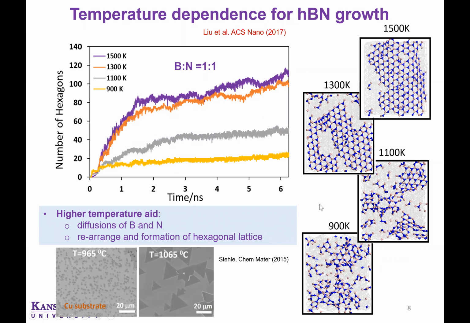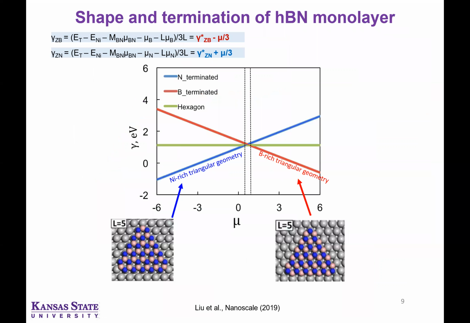So these simulation findings can be corroborated qualitatively by experimental results as well. As you can see, different lattice sizes can be obtained at different temperatures. Larger size corresponds to higher temperature synthesis conditions.